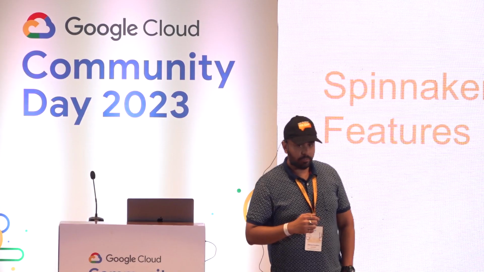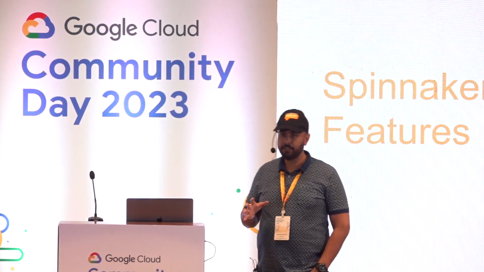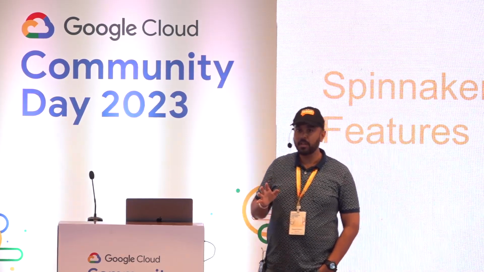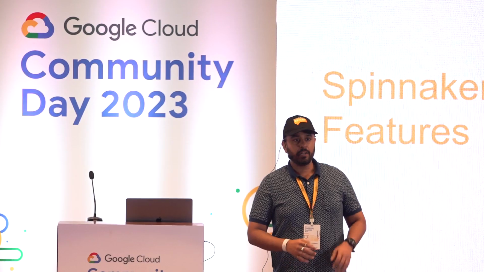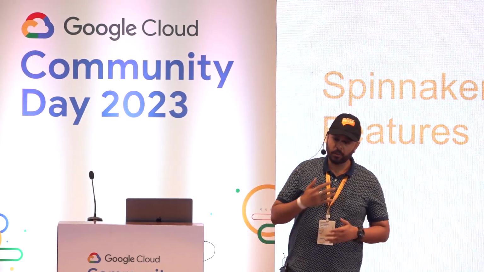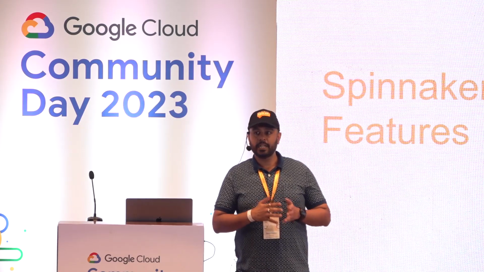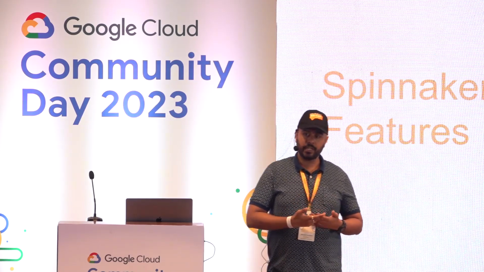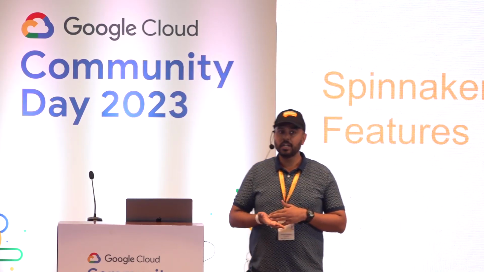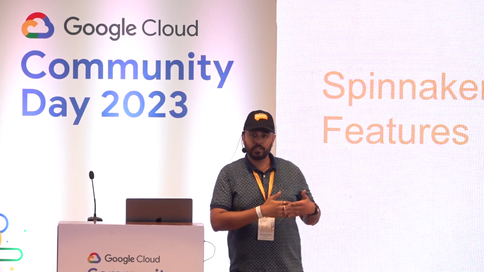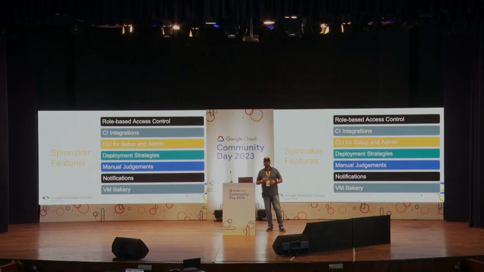Now, in terms of notification, it is tightly integrated with notification mechanisms with the help of Twilio, where it supports Slack and email notifications. Why are these notifications required? For example, if you're building a pipeline in Spinnaker, and you want to be notified when one stage is completed, or if any job fails, or you have to trigger an email notification when testing is completed on the test environment and they would be moving on to another step.